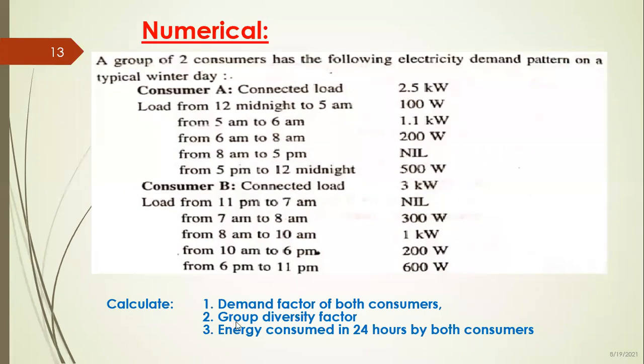You have to calculate the demand factor for consumer A and for consumer B, then the group diversity factor, and then the total energy consumed in 24 hours by both consumers. This is your homework, and this is the end of today's lecture.